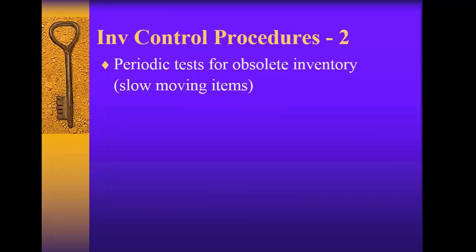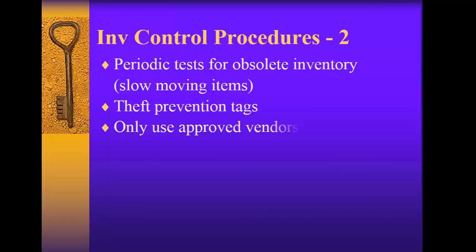Periodic tests for obsolete inventory, we've talked about that. Theft prevention tags, we want to make sure that there's some sort of mechanism where we can track the inventory so that if someone steals it or just casually takes it off a desk, we're able to figure out very quickly that it is gone.